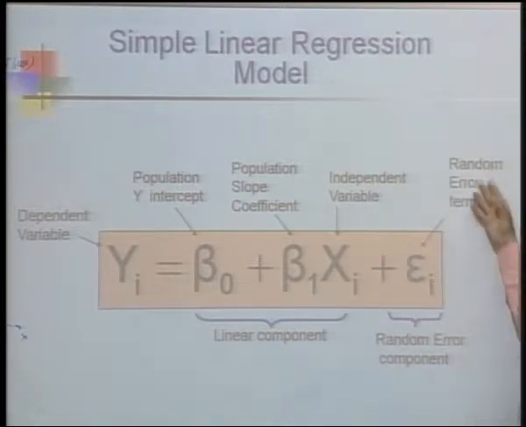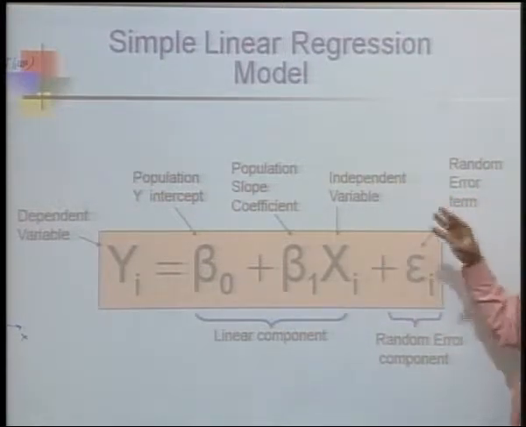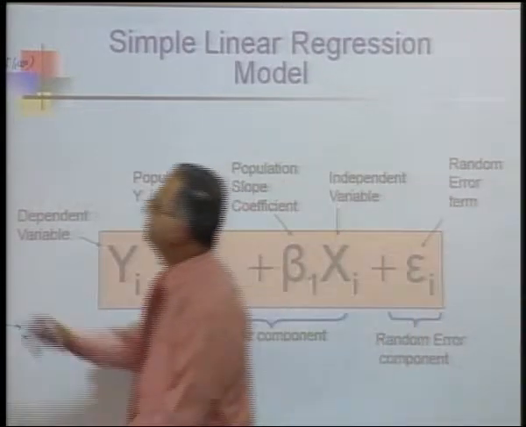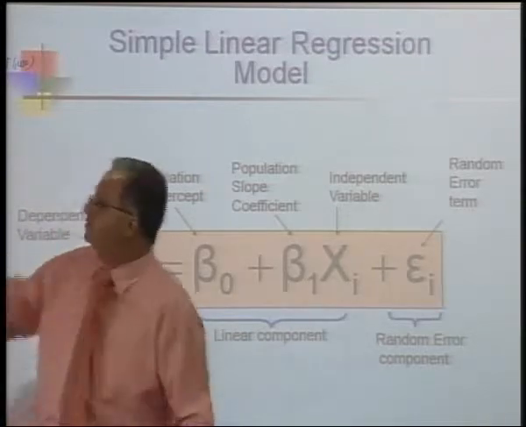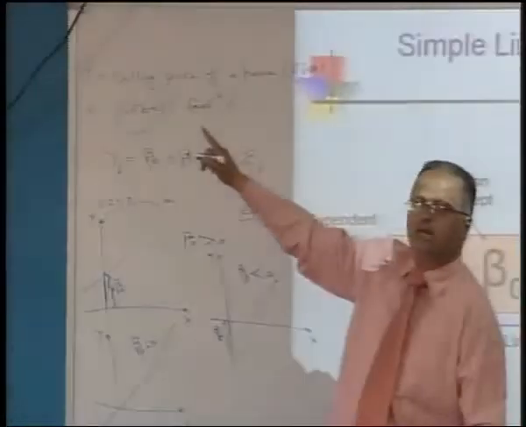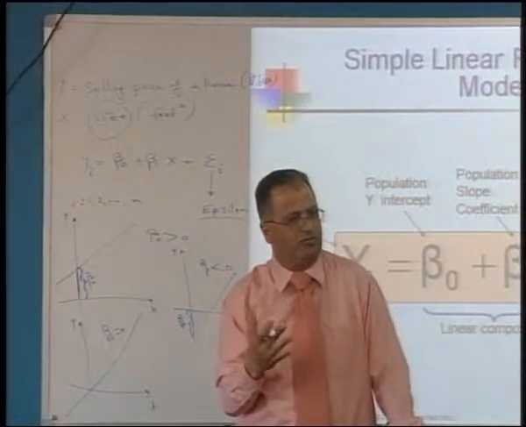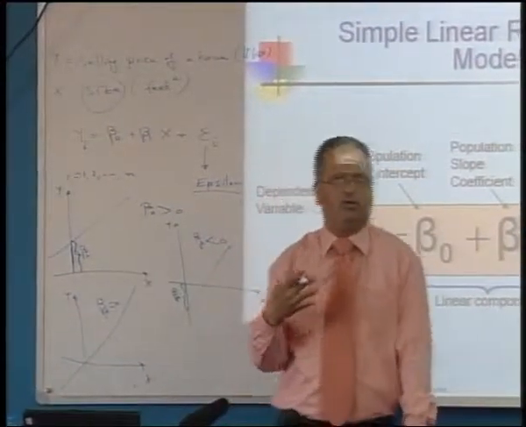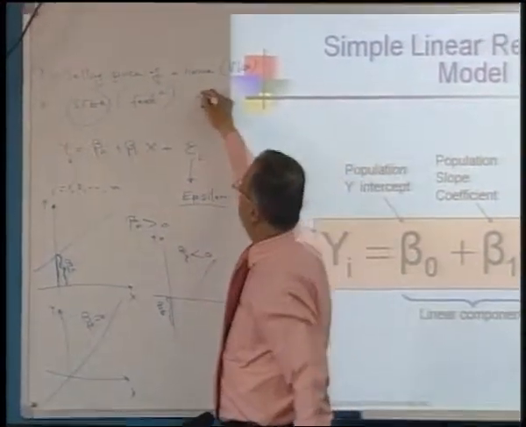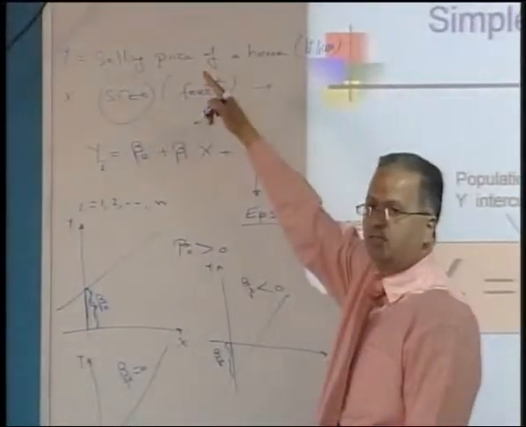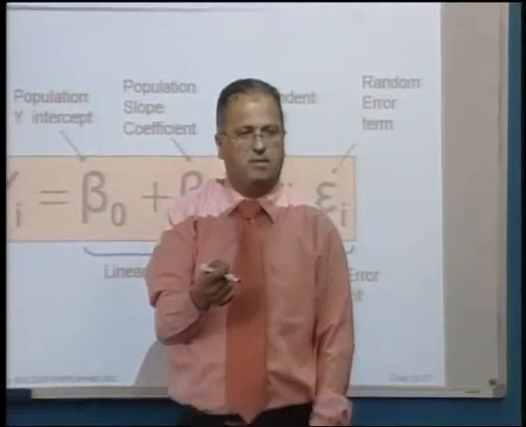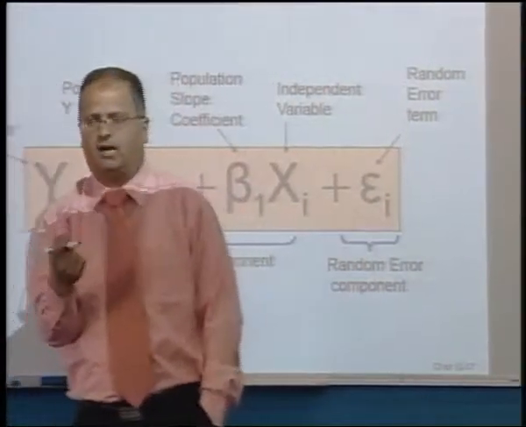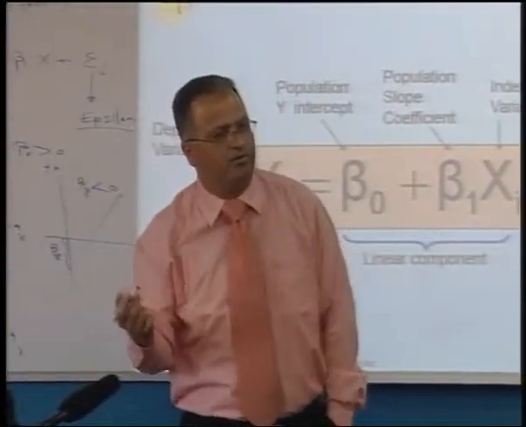Epsilon i is the random error term. Because if we are talking about just size affecting the selling price of a home, there are some errors you don't know about, because you ignore some other variables that may affect the selling price. Maybe you select a random sample and that sample is small, so there is sampling error.